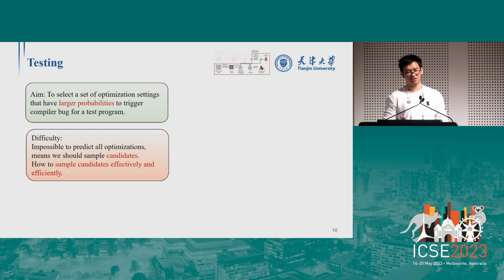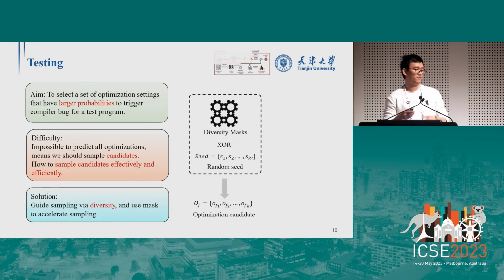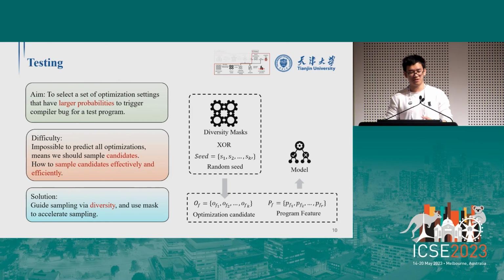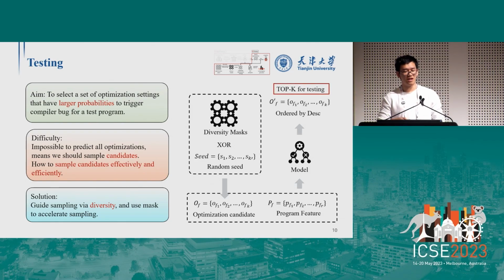Our solution is to sample some candidates via diversity and use the masks and the exclusive OR to accelerate the sampling process. And then we put each pair of the optimization candidates and the program feature into the model to predict. And finally, the top K optimizations with the largest bug triggering probability would be selected for compiler testing.